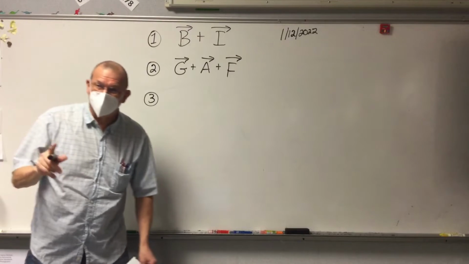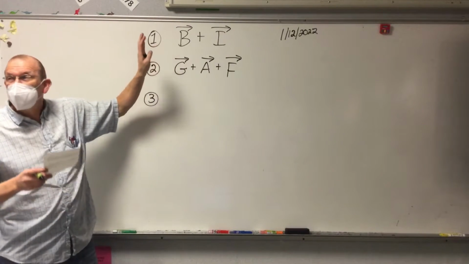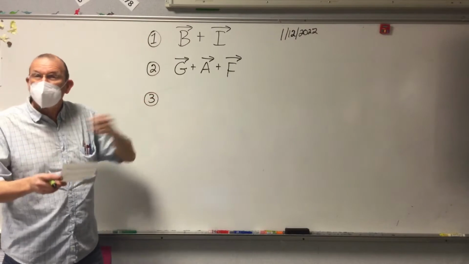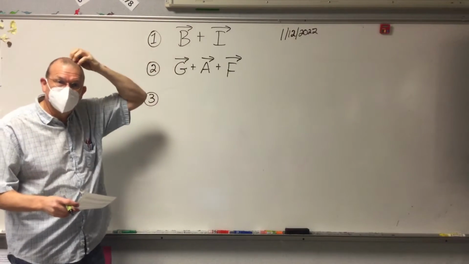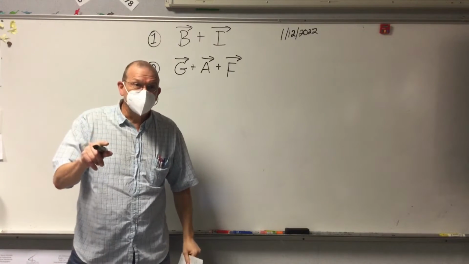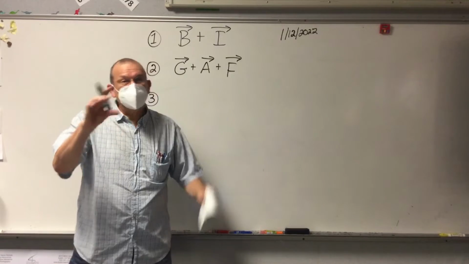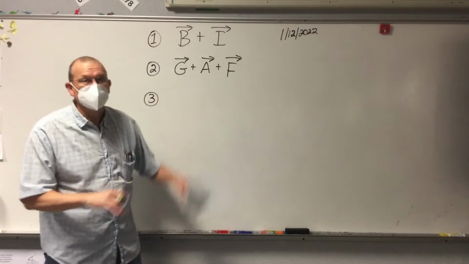Okay, and remember, the idea is I want you to add the vectors in the order that they are given here, okay? And I will know if you don't, because I will just look at your picture and be able to see that you did not add them in this order.